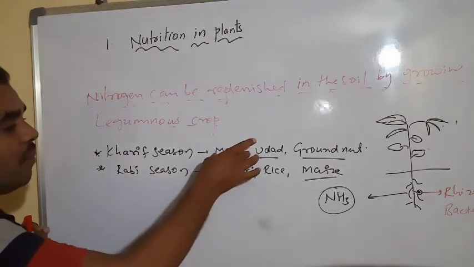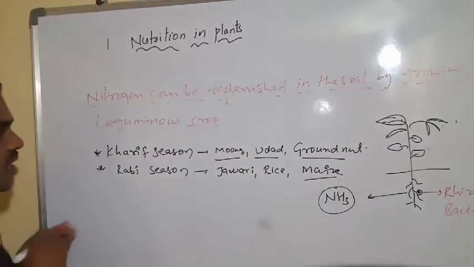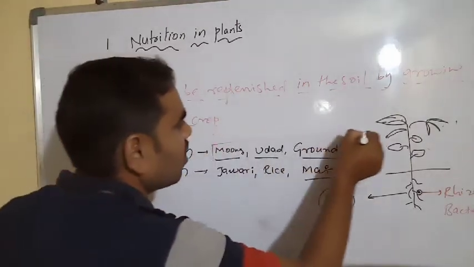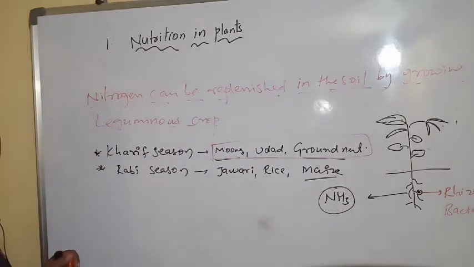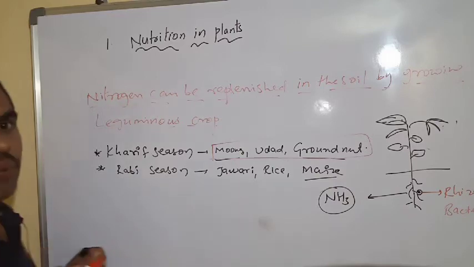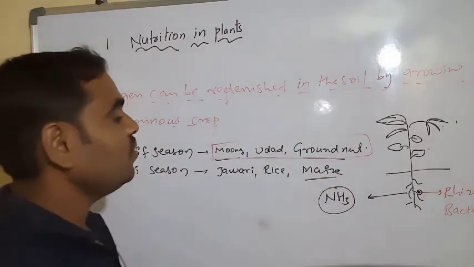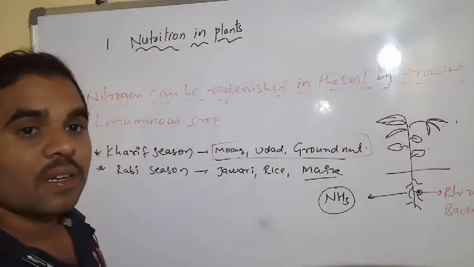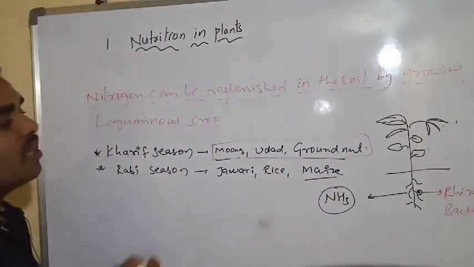See, these are all leguminaceous crops. Chana is also a leguminaceous family, tuvar also is a leguminaceous family. This leguminaceous family fixes nitrogen.